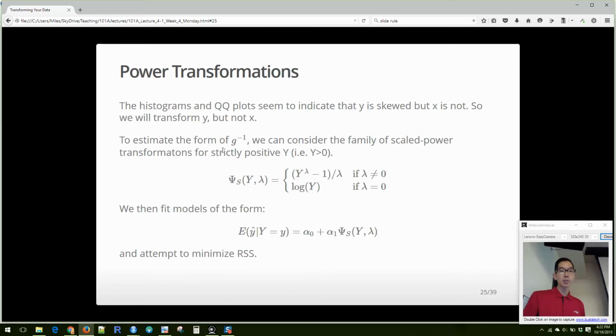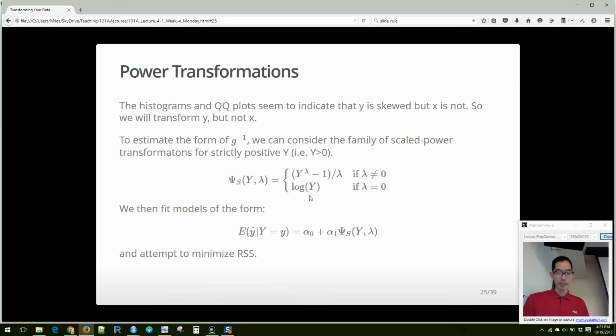These are power transforms, called scaled power transformations, of strictly positive y. So it requires that y be positive, and maybe that means you've got to add a constant to your y to get everything positive. But keep that in mind when you make interpretations, that you then have to subtract that constant back at the end.